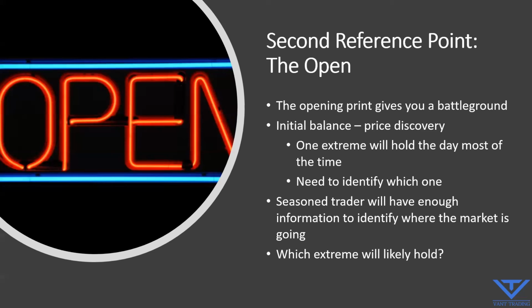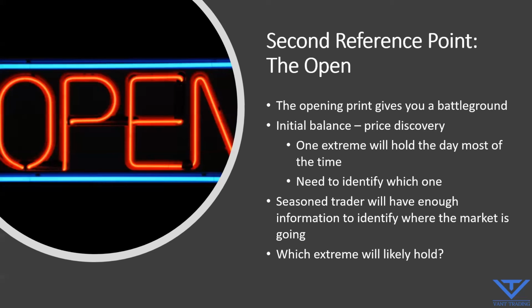And then for the first 15, 30 minutes, you have what's called price discovery, and you have this initial balance. What's interesting during this initial balance is that one extreme will typically hold the day most of the time.